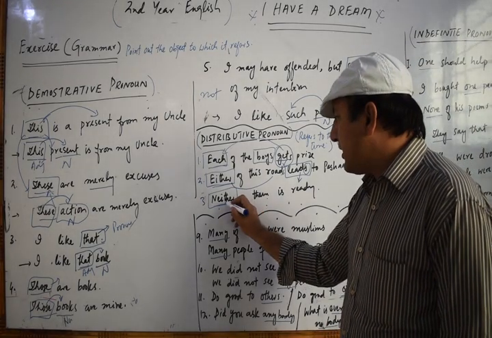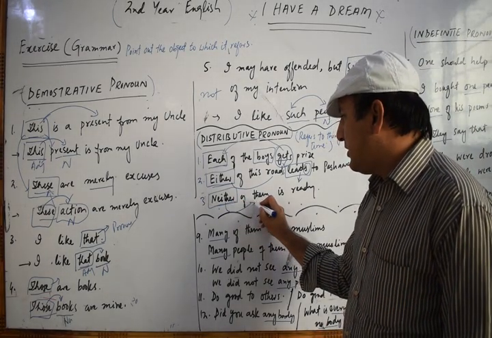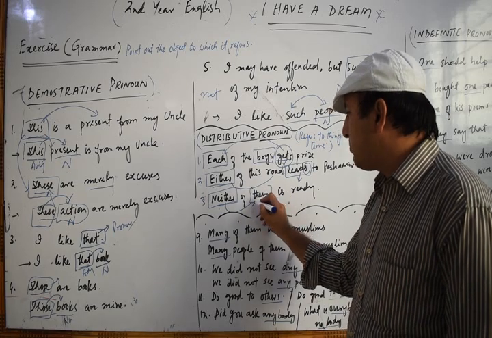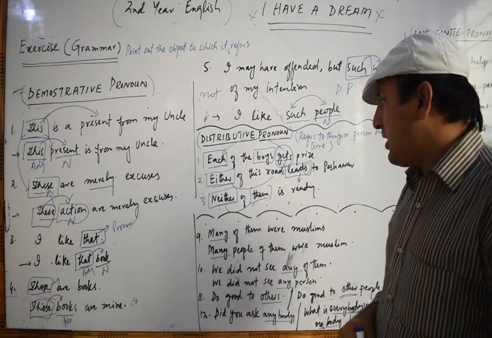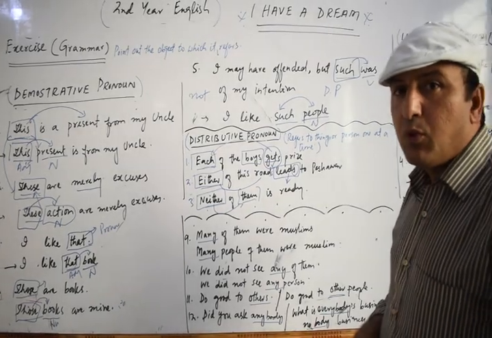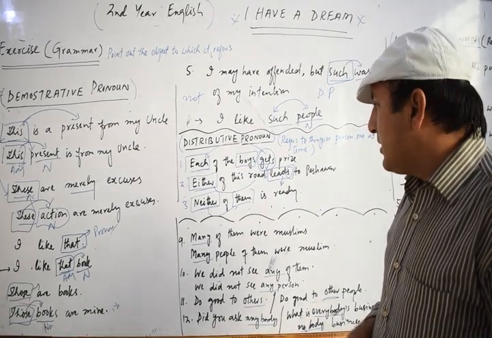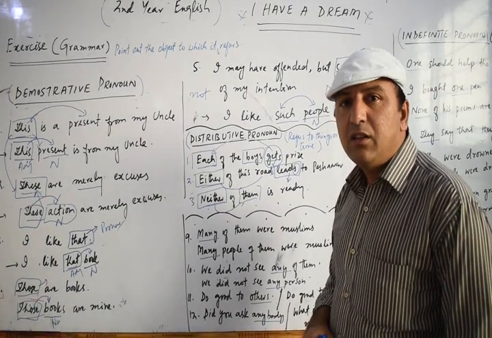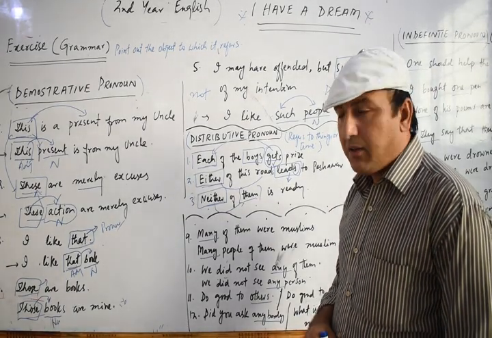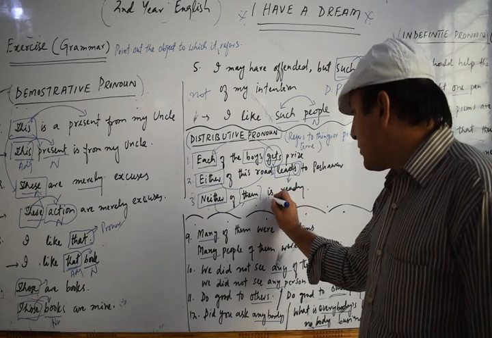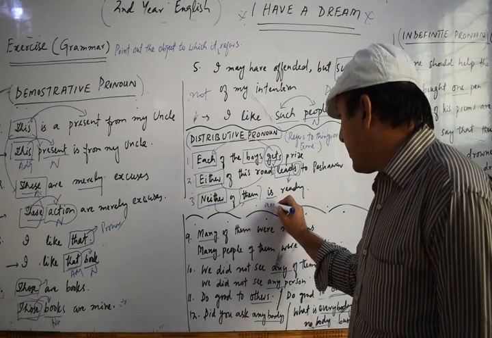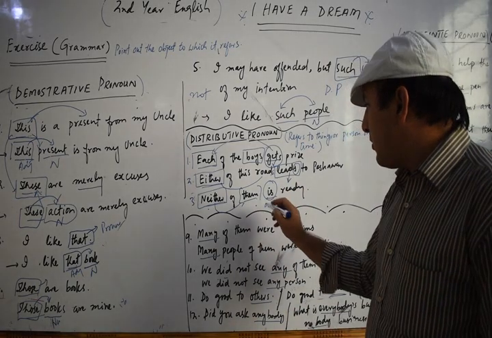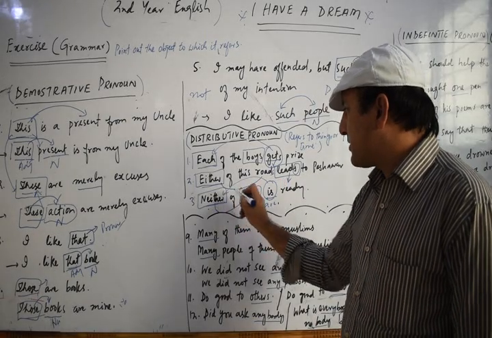Once again, neither, that is negative. Neither of them. Now you see, once again we have a plural, them. So neither once again refers to one person at a time. Neither of them is ready, means neither of the persons is ready. This is not are, it is rather is, because neither refers to one person at a time.